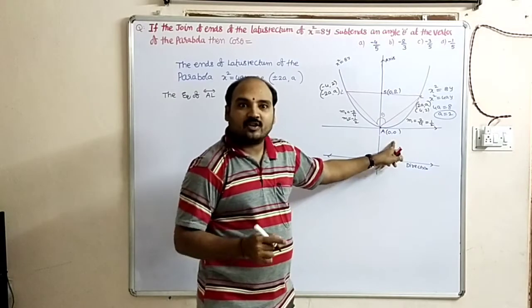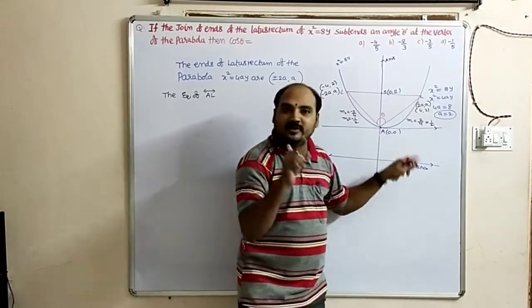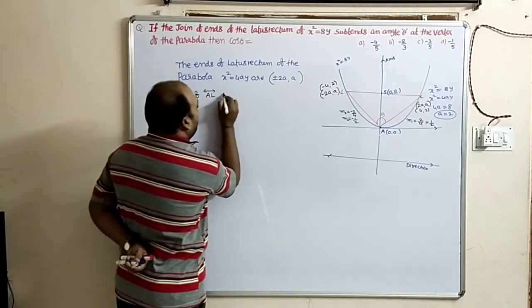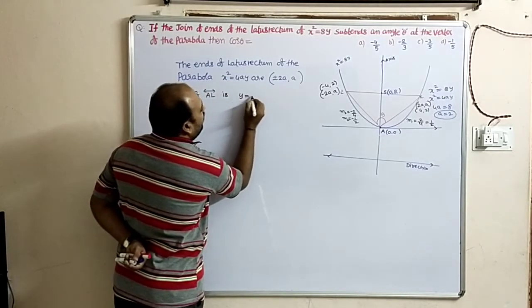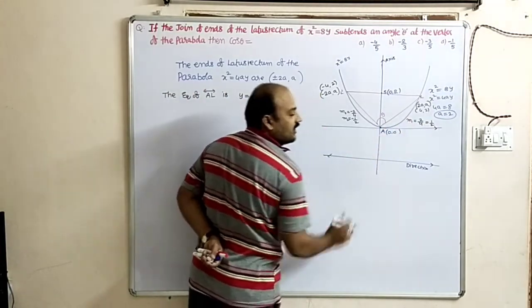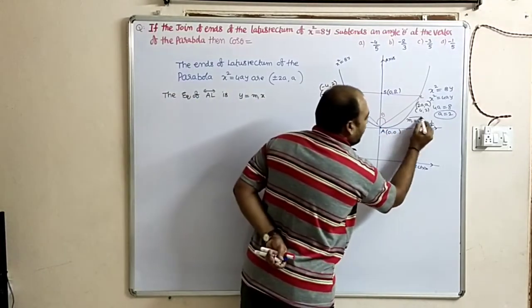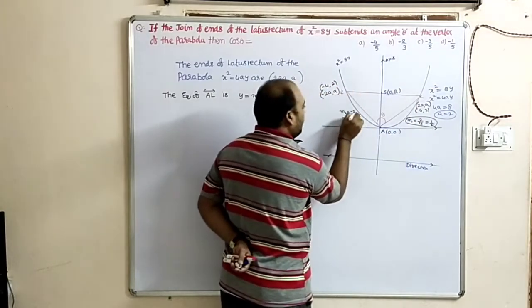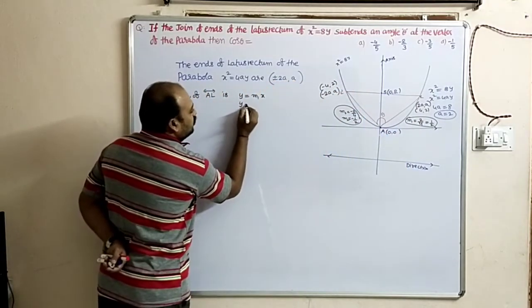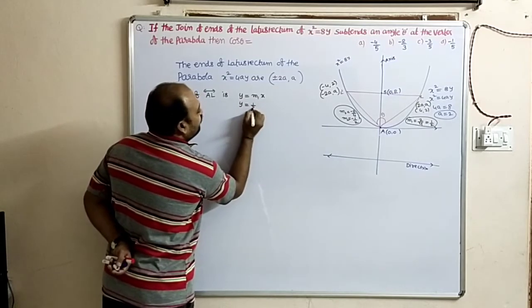We know that the equation of a line passing through the origin is in the form y is equal to mx. So the equation of AL is y is equal to m1x, because AL slope is m1 and AL dash slope is m2. So y is equal to 1 by 2 x.